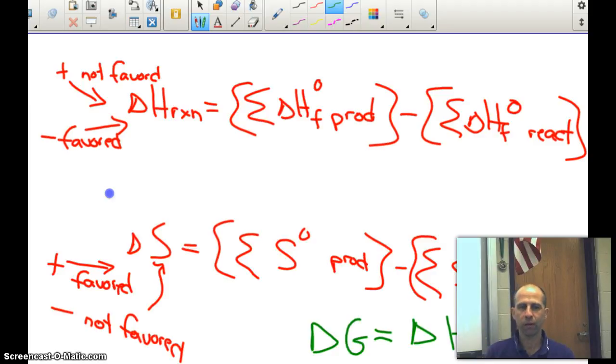But if the energy required is less than what you can have dealing with right here, then the process can happen spontaneously. And I say that because if the delta H number is smaller than this term here, you are going to get a negative number for that delta G, and that proves it's going to be spontaneous.